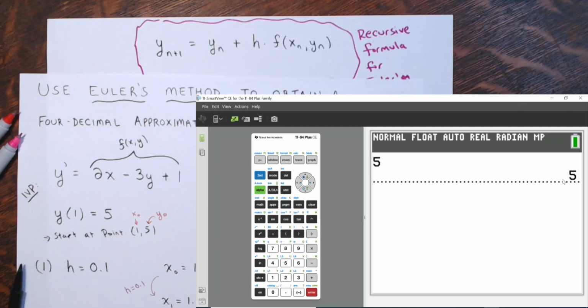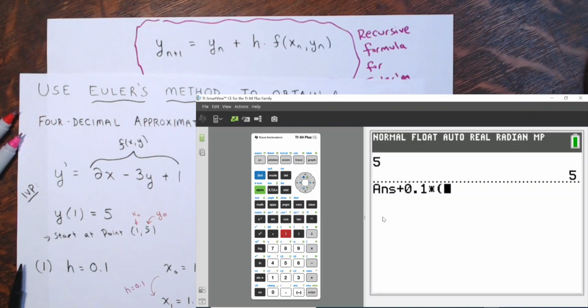Y sub 1 would be y sub 0, which was 5. So I just go second answer. All right, I take the previous answer, that's the y sub n, plus h here is 0.1, times, and then in parentheses, f of x sub n, y sub n.